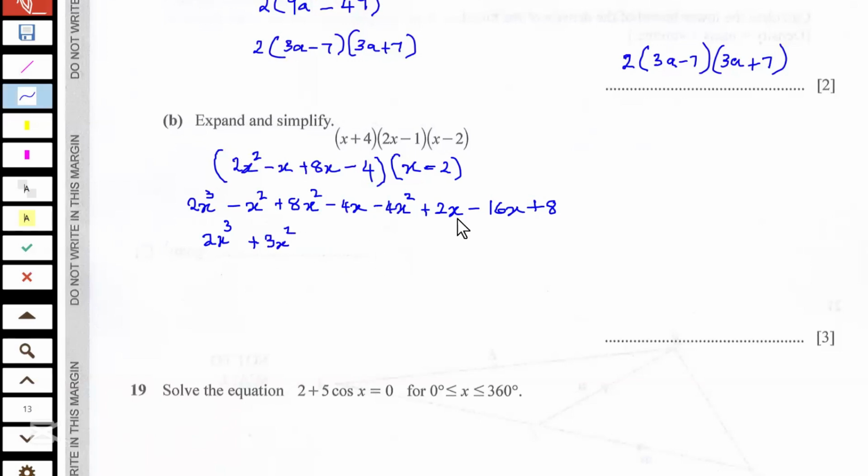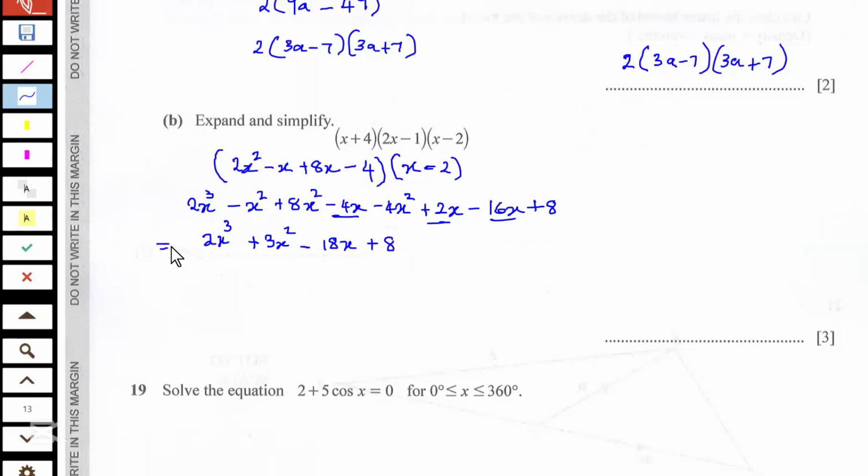And then for the x terms, we've got negative 4x plus 2x, which is going to give us negative 2x. Negative 2x minus 16x is going to give us negative 18x, then plus 8.